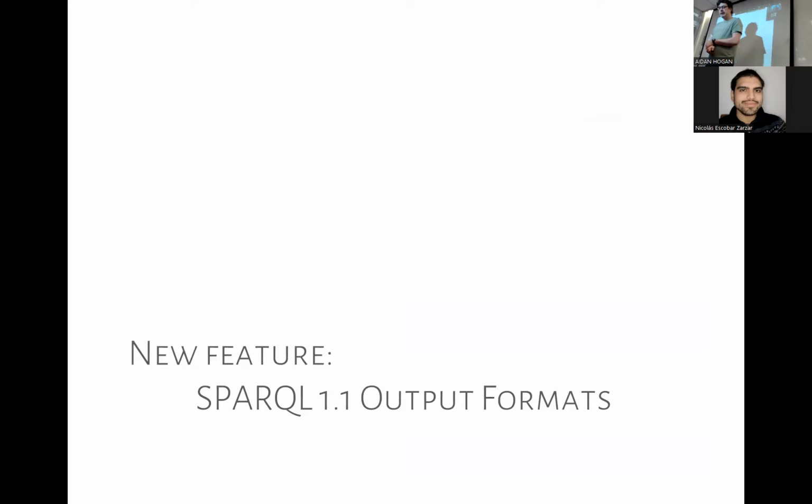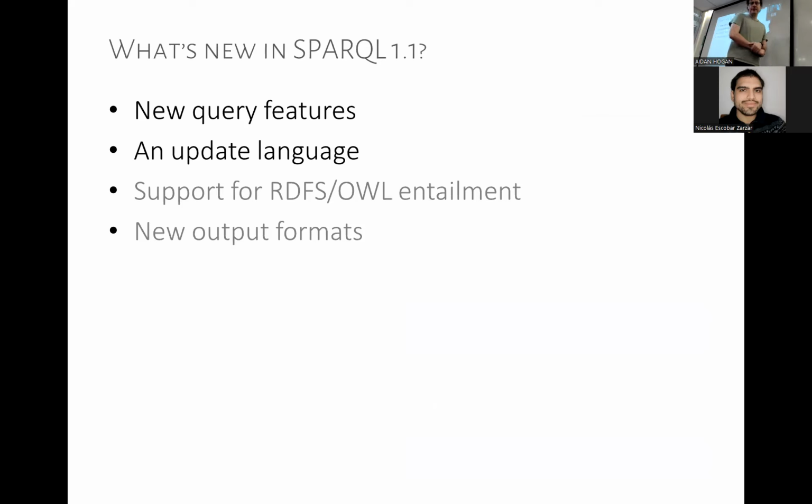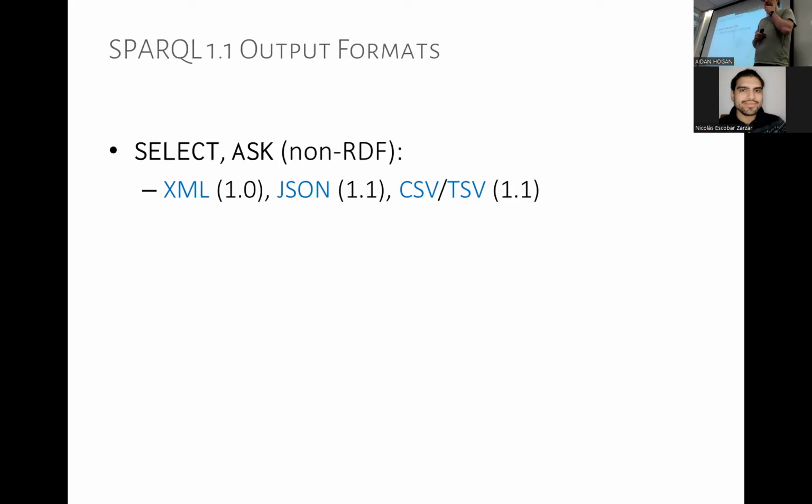Very briefly, if you're a web developer, there are some new output formats that are quite nice. The original formats, I believe, were just XML, which nobody really wants to work with anymore. So from your SPARQL endpoint, you can ask for SELECT or ASK results in XML, JSON, or CSV, TSV, with JSON and CSV, TSV added in 1.1.